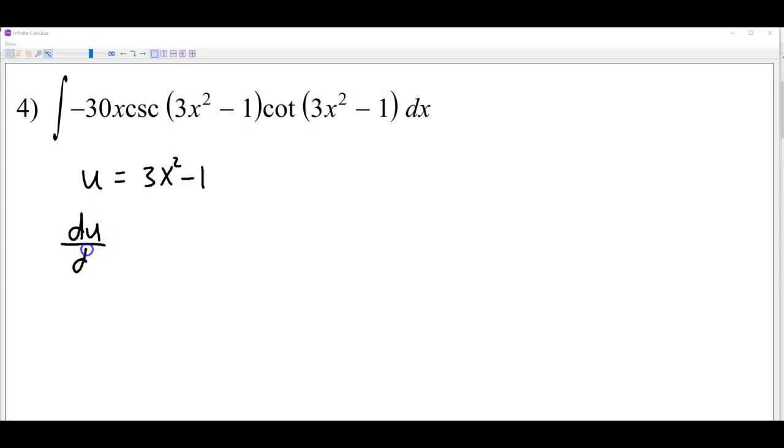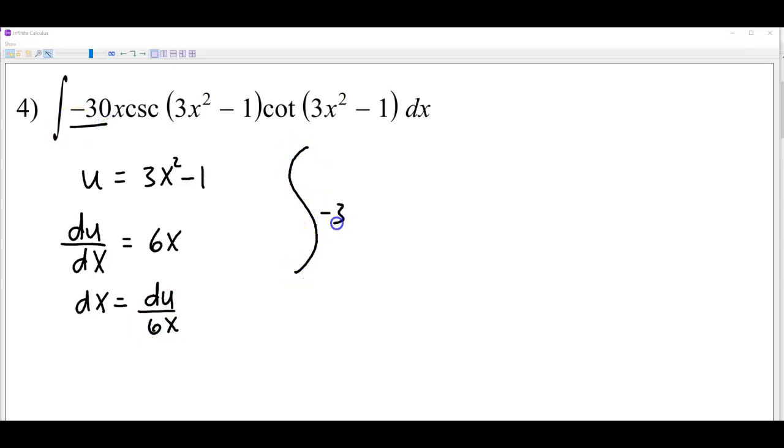So my du dx is going to be 6x. And then getting the dx by itself, we have that. Now we're ready to do our substitution. So the negative 30 is still going to be there for now. Then we have cosecant. And instead of all that, we're going to put a u there.